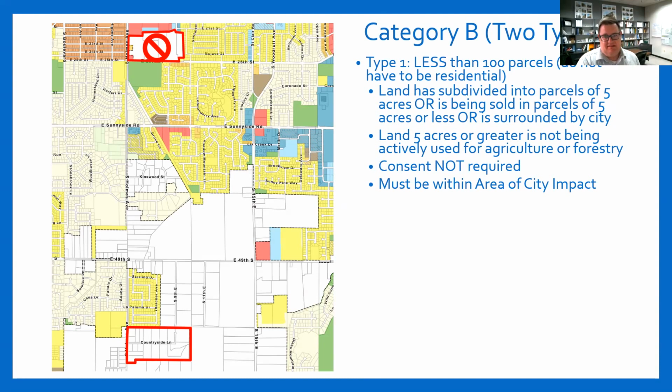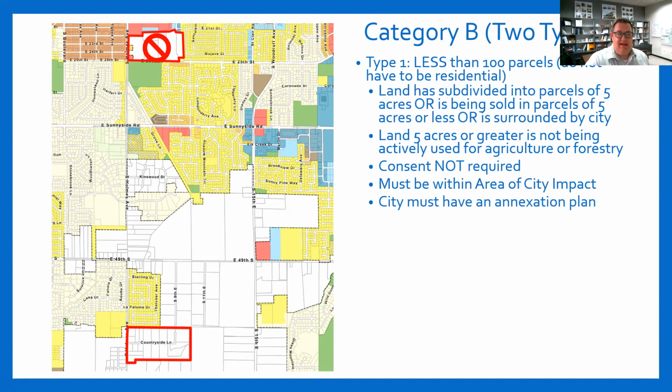Category A does not. Category A can go beyond an area of impact. Category B and C have to be within an area of city impact boundary. So that boundary is very important when a city is thinking about lands that may be annexed in the future, especially category B. Now, the city also must pass an annexation plan for that area that they're considering annexing.